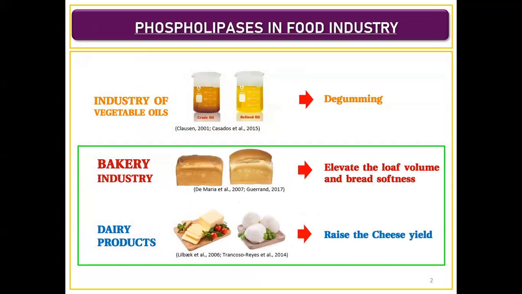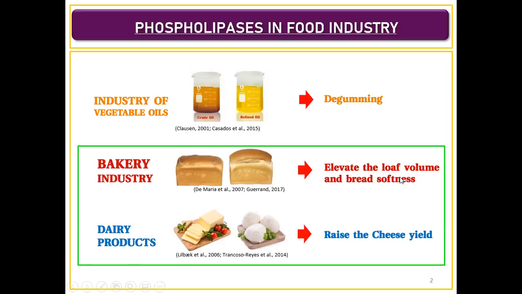But what happens when those phospholipases are used in the food industry to modify or improve characteristics of foods? This is the case of the phospholipase that has been used in the industry of vegetable oils, in the degumming process, or in the modification of egg yolk lecithin emulsion properties, and most recently in bakery and dairy products.